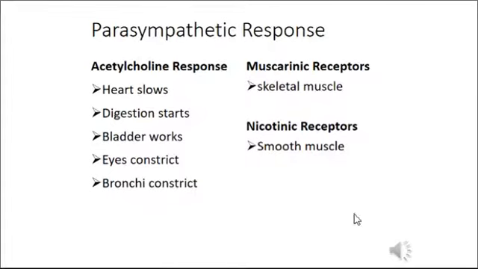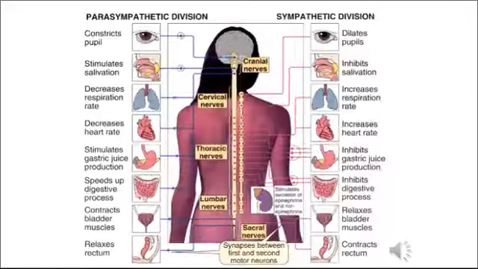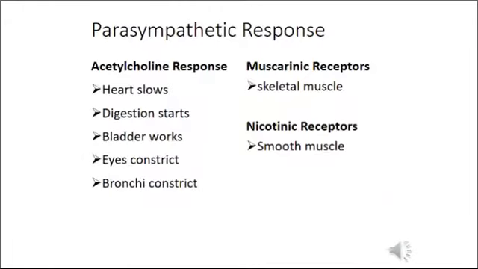When you look at the systems, you think of the sympathetic nervous system as the fight or flight, and the parasympathetic over here is the rest and digest or feed and breed, because of the systems that it affects.